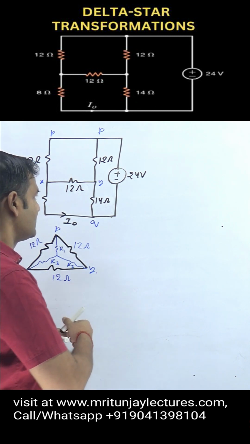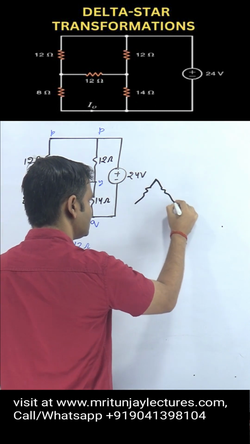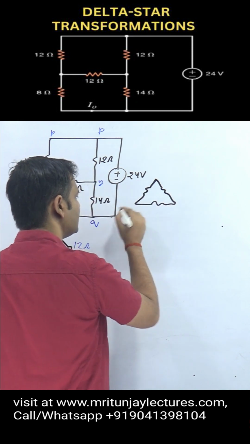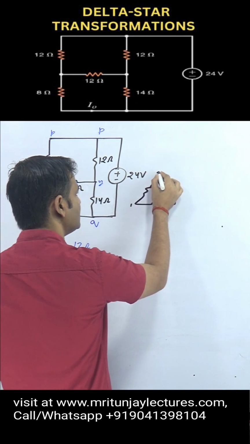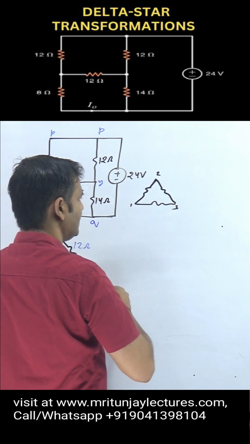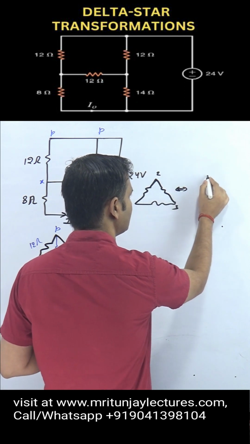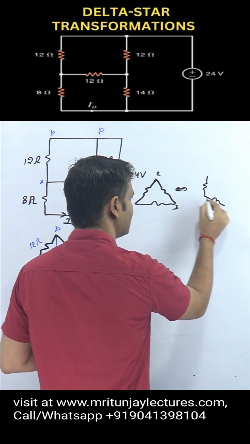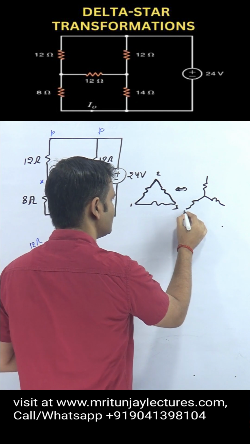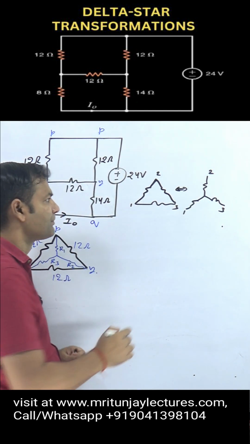Another star delta transformation: if delta is given like this one, here 1, 2, 3, and you want to convert delta into star, that is 1, here 3, here 2, clear?